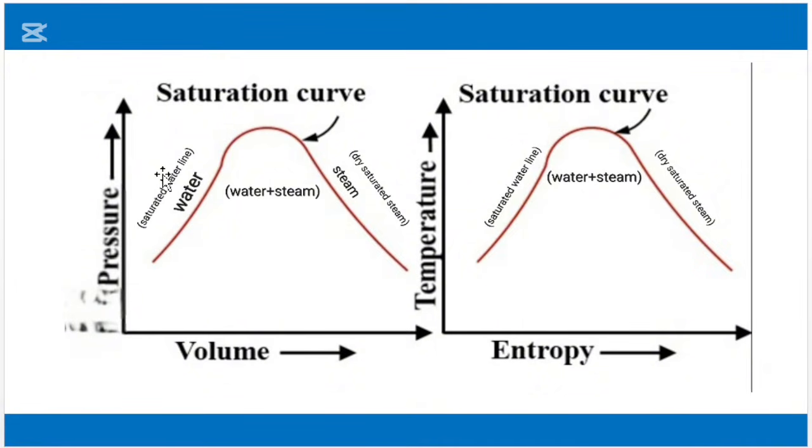As we are heating the water, the moment the heating process crosses the saturation curve, water vaporization takes place, and once it comes out of this region, the water is completely vaporized. That is why we call it dry saturated steam. So we are basically going to start from this saturation curve.